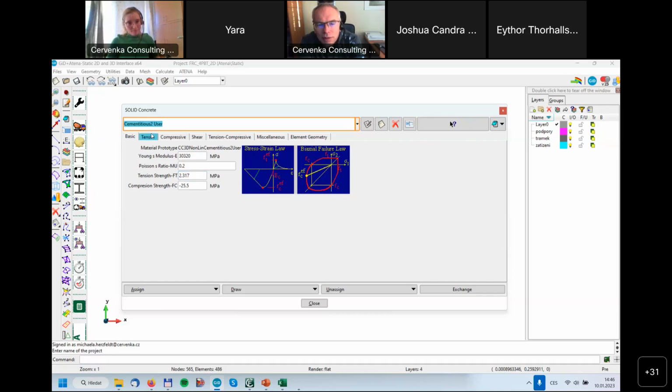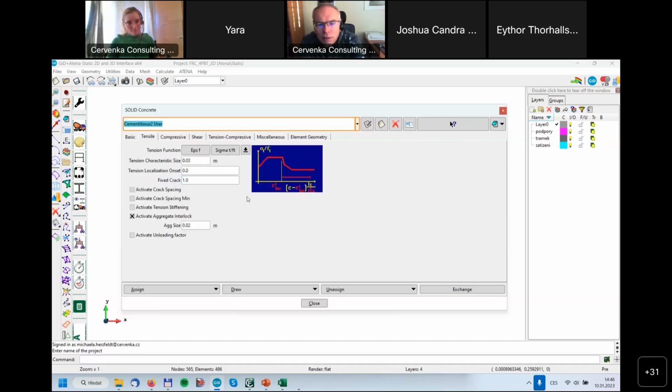If you go to the tensile, you can define the tension graph. That's what Michaela was talking about now. Yes, this APIS FRC mainly helps you to define this stress strain diagram. But your question was about the shear diagram, which is on the shear tab. If you click on that.